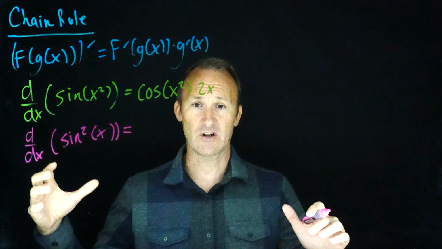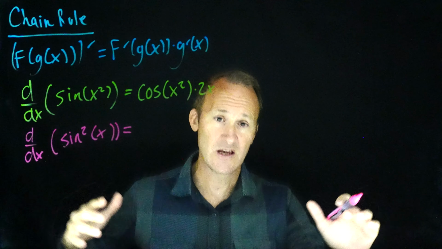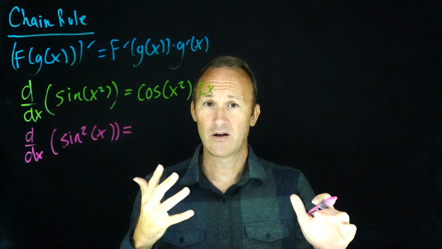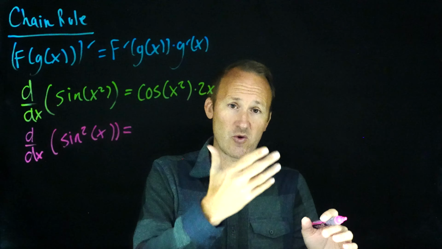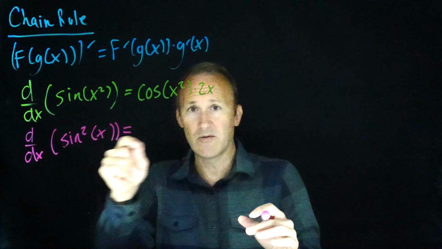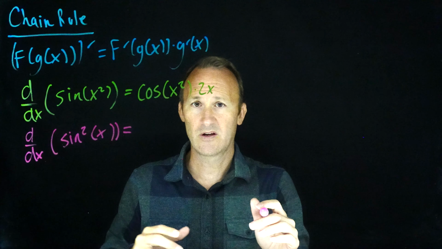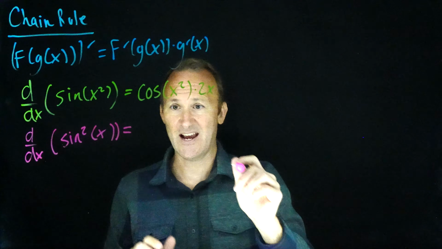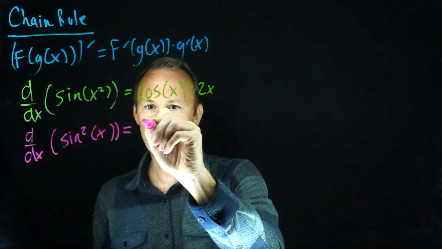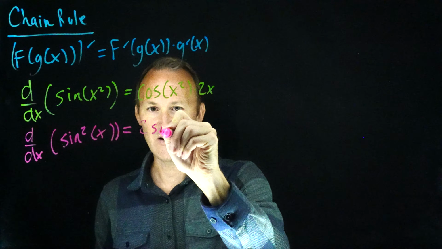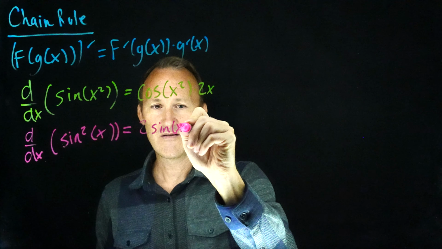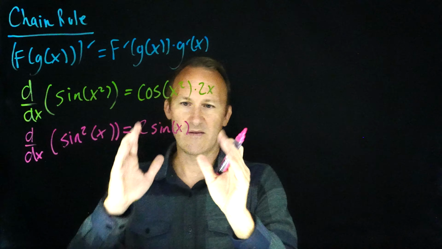So if you're taking the derivative, your outside function is something squared. And how do you take the derivative of something squared? You bring the 2 down and multiply by it. That's the outside function. It's 2 times the sine of x, that's what we squared.